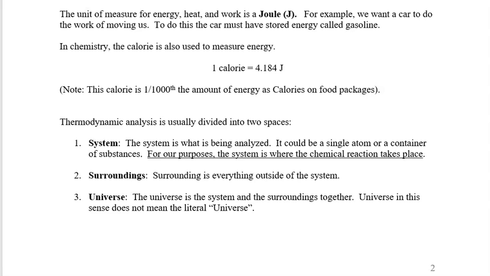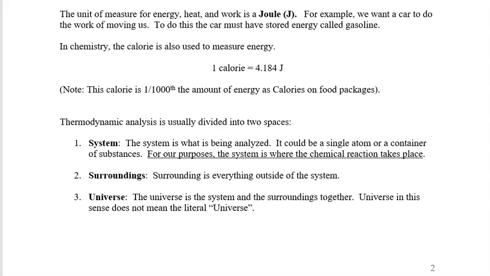In chemistry, the calorie is also used to measure energy. So 1 calorie equals 4.184 joules. And note that this calorie is 1/1000th the amount of energy as calories on food packages. So food package calories are really called kilocalories. They're 1,000 chemistry calories.